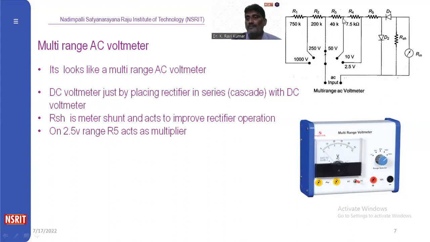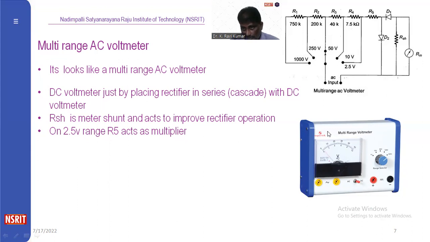If you connect R4, the combination of these two resistances into this current will give this range. If you want to get a 50 volt range, this resistance into this current will indicate 50 volt. Maximum value will be the 50 volt. Like that, we can design a multi-range AC voltmeter.